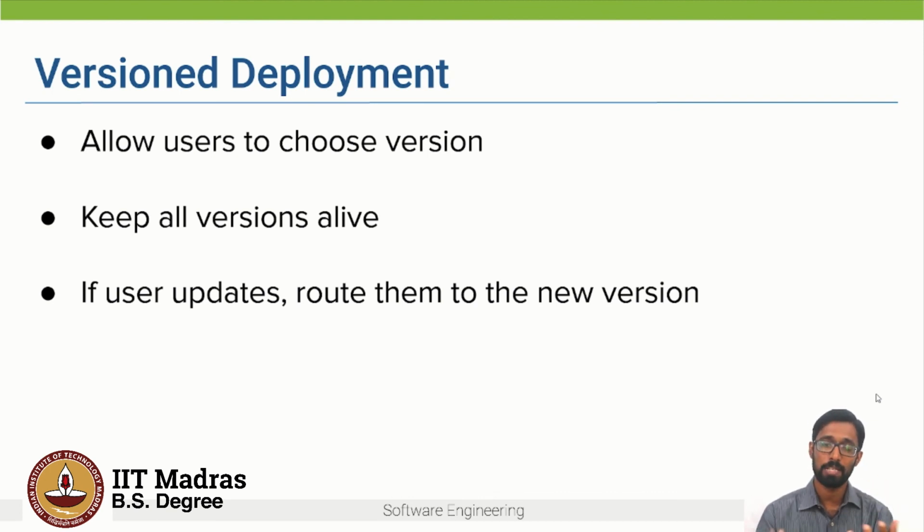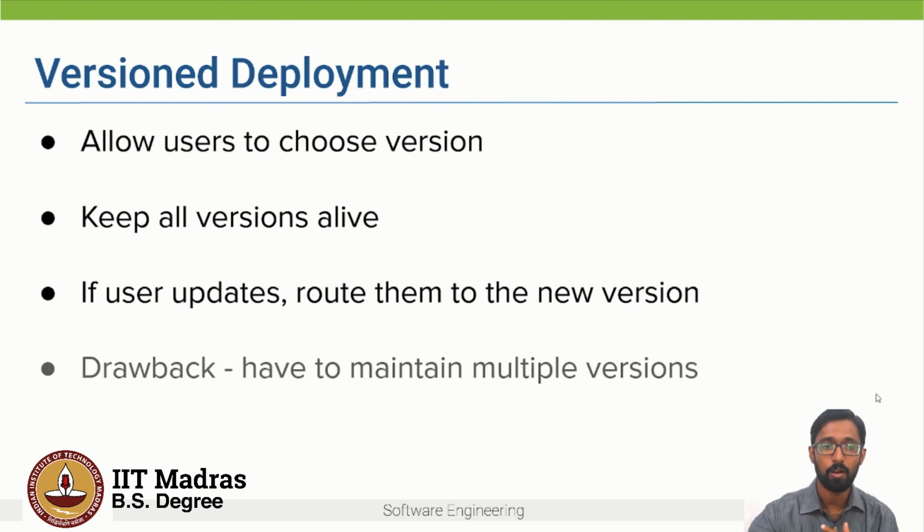Let's say we are using an application like Paytm or Instagram, and we receive a notification to update our app. If the user updates, the deployment strategy is to route them to the new version. If not, they remain on the previous version.